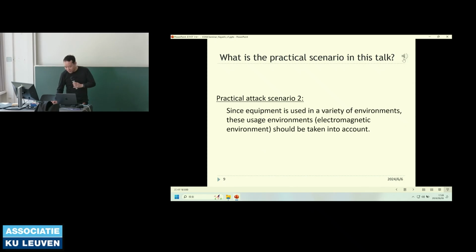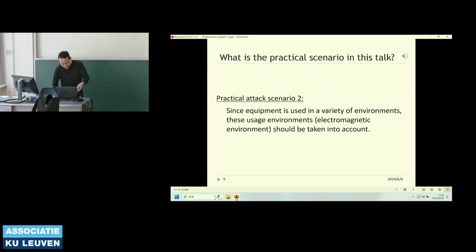I use GPT for the explanation. The previous studies mentioned that information can be obtained through electromagnetic waves. However, there isn't enough discussion about the environment in which these measurements were taken. Here, environment refers to the electromagnetic environment, which greatly affects the intensity and frequency spectrum of the emitted electromagnetic waves.